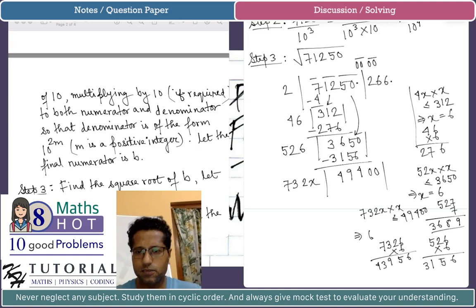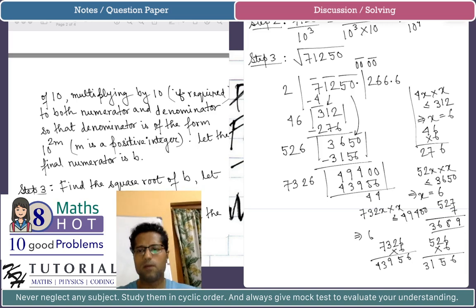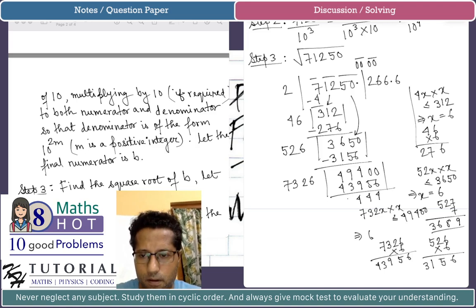So x will be 6. We append 6 to the quotient, and 7326 multiplied by 6 is 43956. Now there will be some remainder. Okay, let's find the remainder.